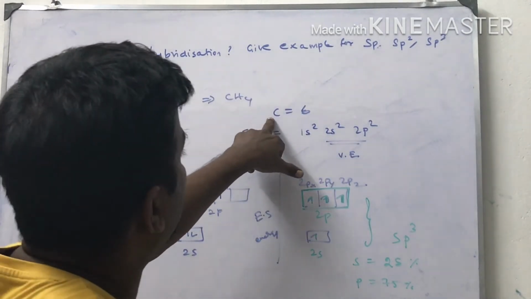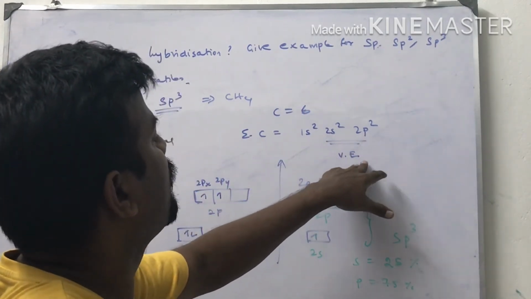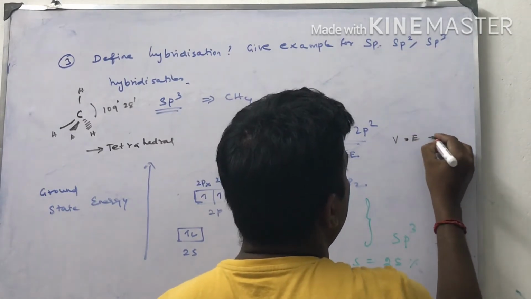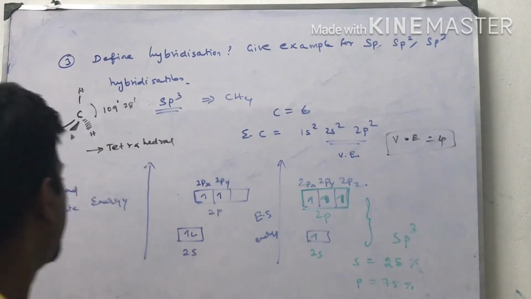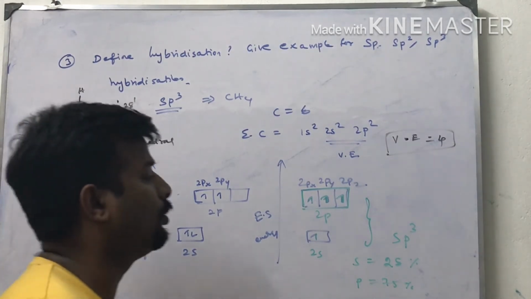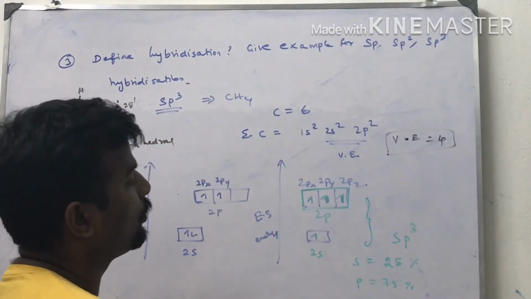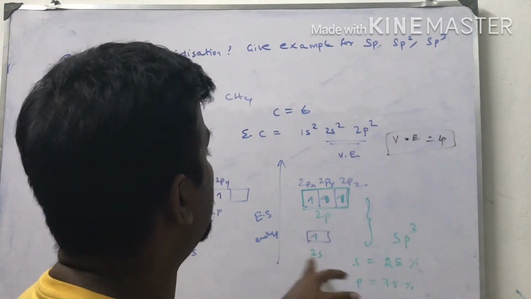The sp3 hybridization example is methane. The central atom is carbon, electronic configuration 1s2, 2s2, 2p2. The valency of carbon is equal to 4. So we write the ground state energy like this. In the excited state, 1 electron from the 2s orbital is promoted to the 2p orbital because of the hindrance of the hydrogen toward carbon, and we get 4 sp3 hybrid orbitals.